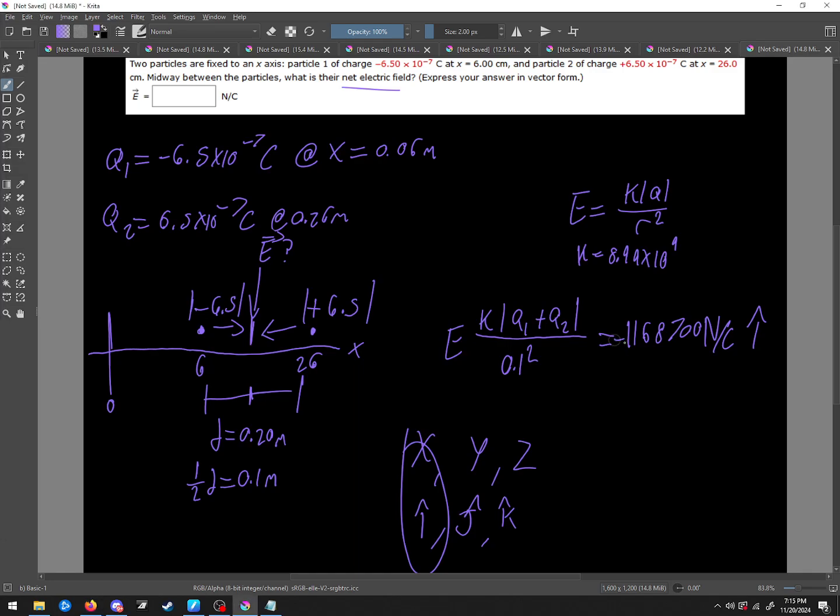This answer would actually be negative. And I think this would just be the direction that it's pointing. We would know this because this is positive flowing towards negative. Which I guess doesn't make sense to me after I say it out loud.